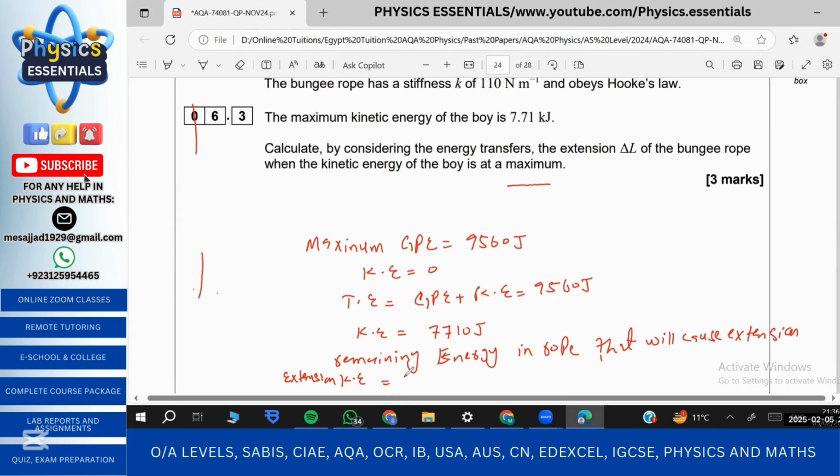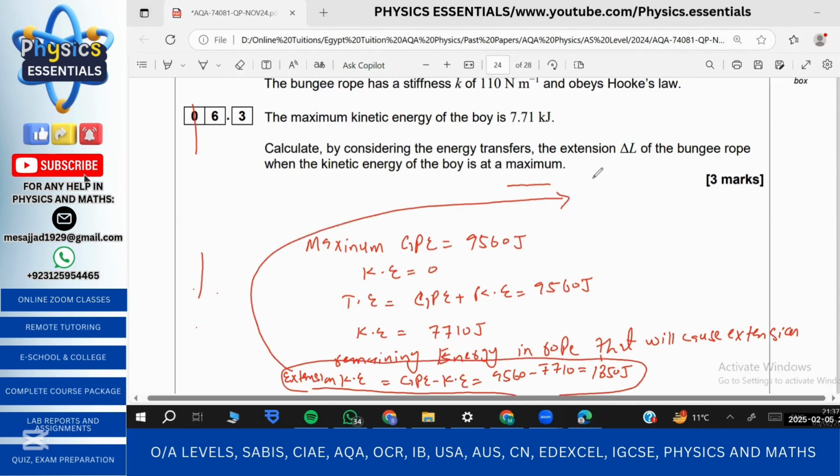We will write extension energy equals GPE minus kinetic energy. That is 9560 minus 7710, which equals 1850 joules. Now this is the energy that will cause extension in the rope.